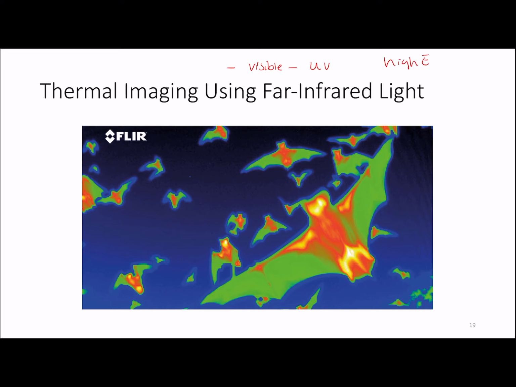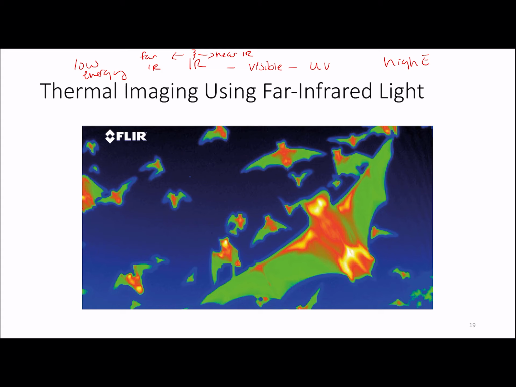And on the other side I have IR, infrared light, and this is low energy. Then if I divide the infrared part of the spectrum into two, the side that's closer to visible we call near IR, and the side that's further away from visible is called far IR. Or, in other words, near IR is higher in energy than far IR.